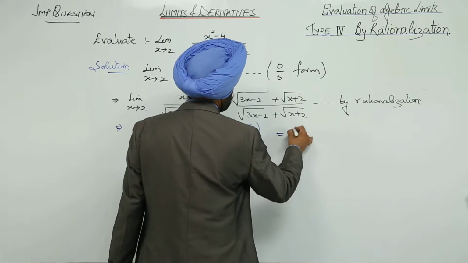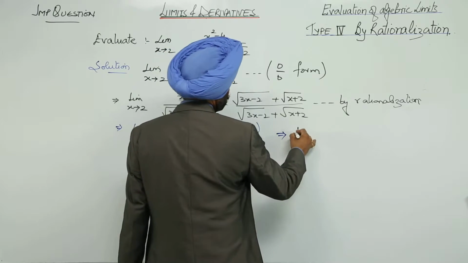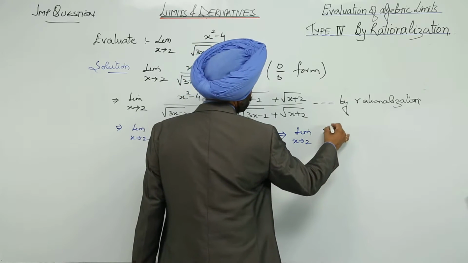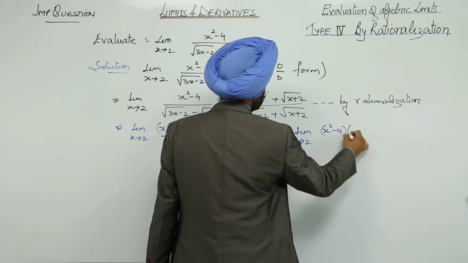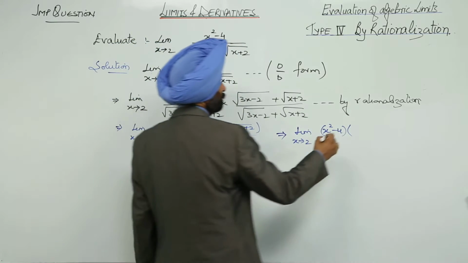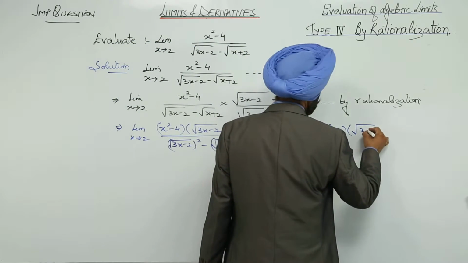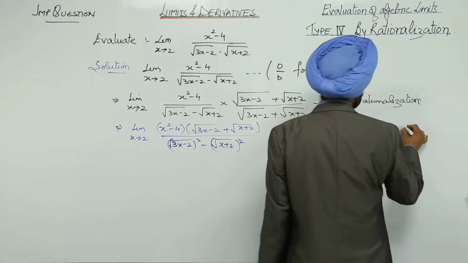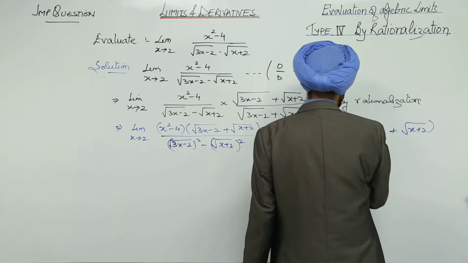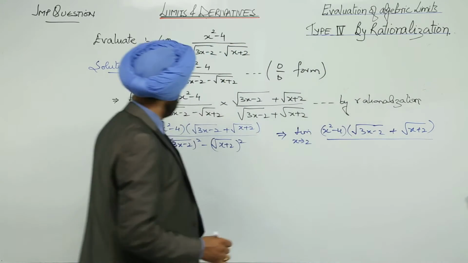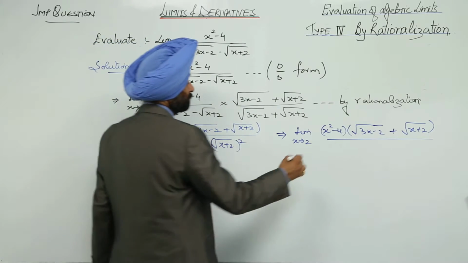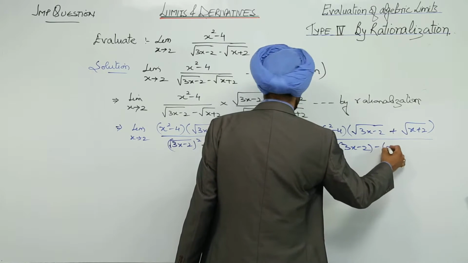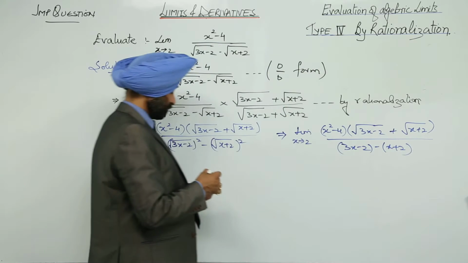Now this further becomes limit x approaches 2, x² − 4, upon (√(3x − 2) + √(x + 2)) upon (3x − 2) minus (x + 2).